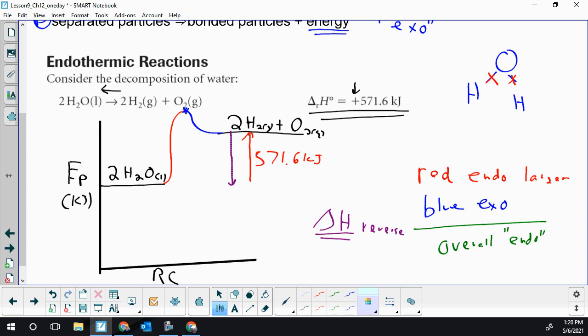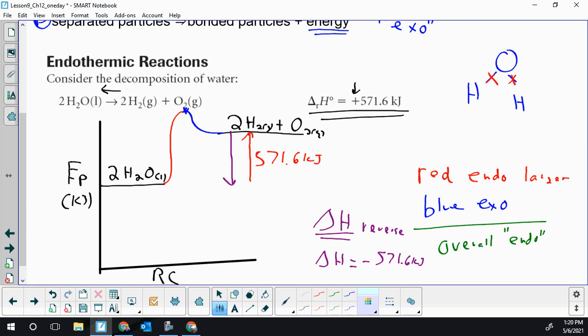It would be exactly the red arrow, but in the opposite direction. So for the reverse reaction, the enthalpy would just have the same number, but the opposite sign. So enthalpy change forward, enthalpy change of the reverse: same number, flip the sign.